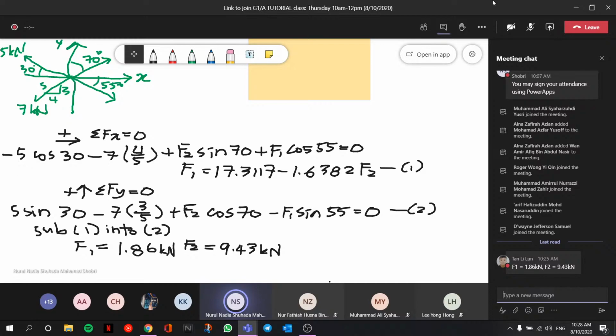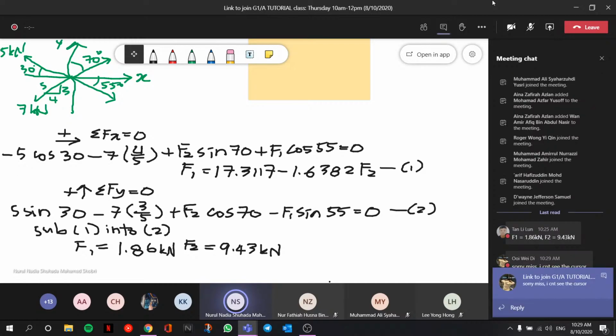Next we go to the force in the y direction, so upward is positive. Again, for Fy, we get 5 sin 30, which you take from the upper left here.